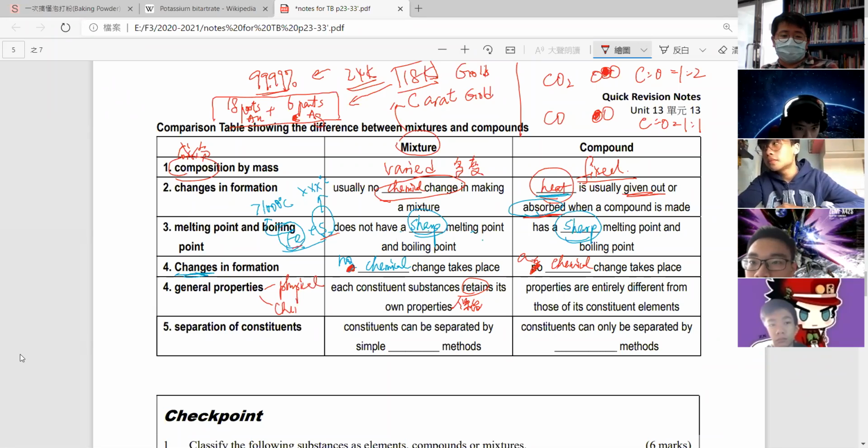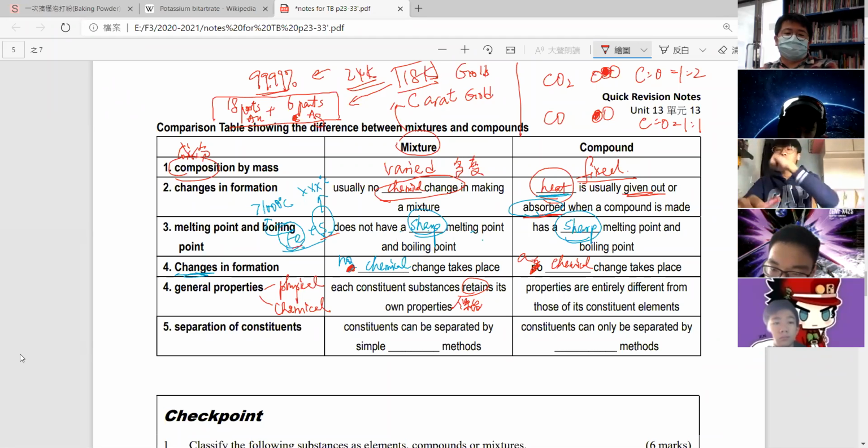If you want to talk about chemical property, that means the reaction with acid, for example. If you describe that there is a chemical change, it is what we call a chemical property. Okay, and for the compound, the properties are entirely different from those of its constituent elements.